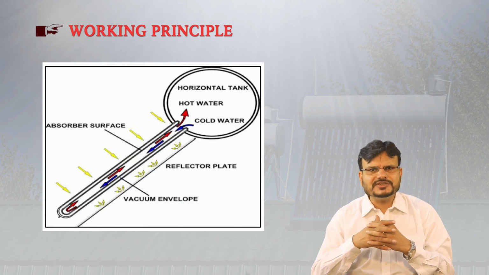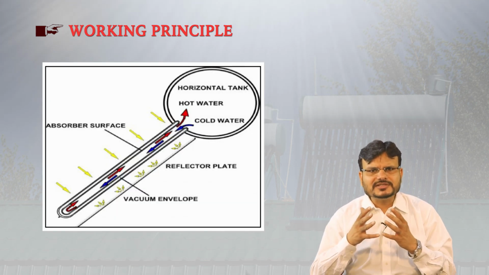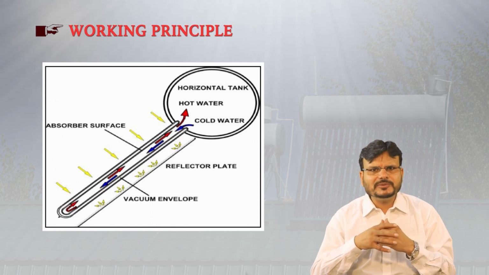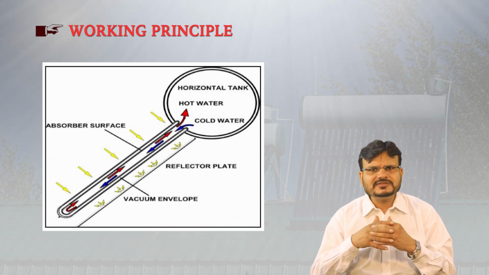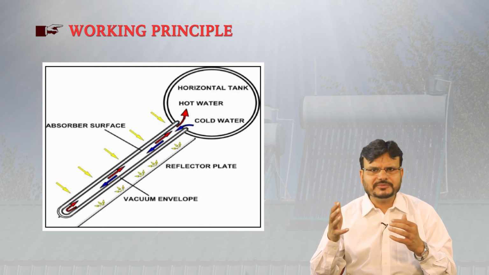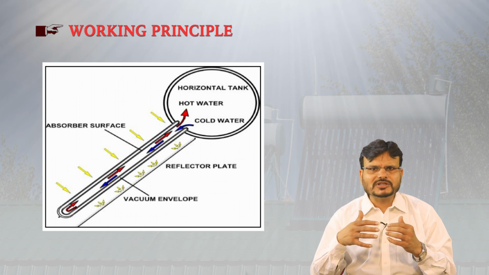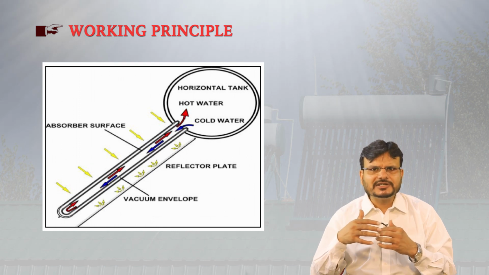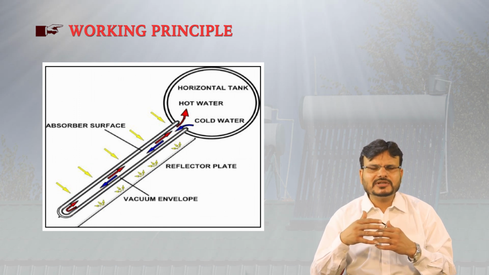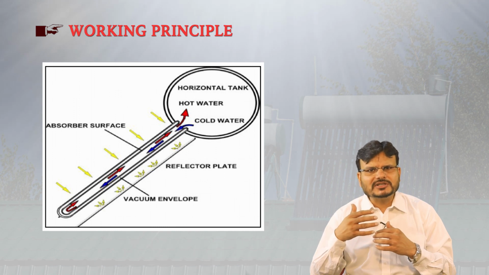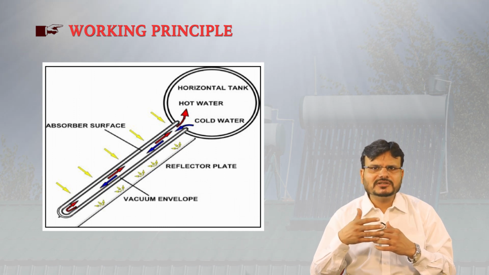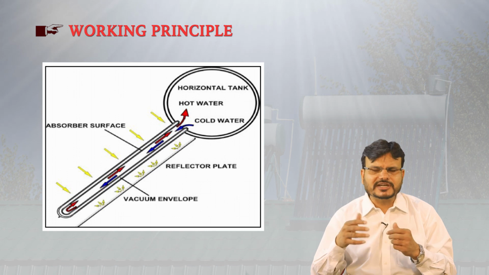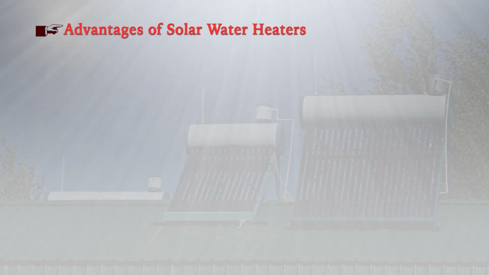Here you can see that this diagram has a vacuum envelope, absorber surface, reflector plate, and how the cold water enters the tube, and after the water gets heated, it goes to the horizontal tank.